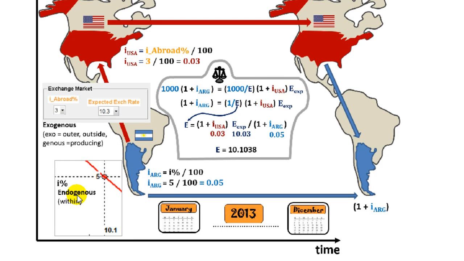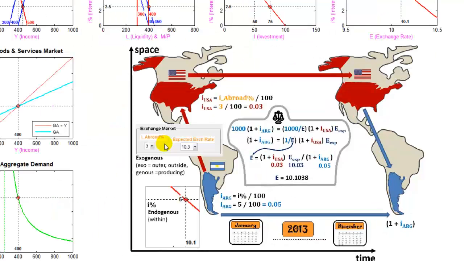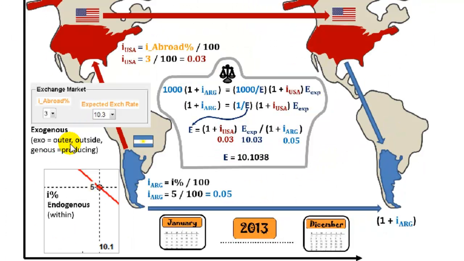This is endogenous because it is determined within the model. How is it produced by the model? Well, it is the intersection between the IS and the LM curve, where these two variables are outside the model and we can change them as we please.